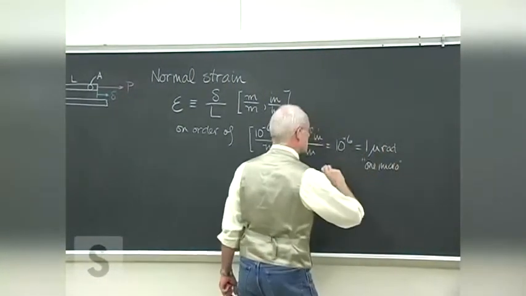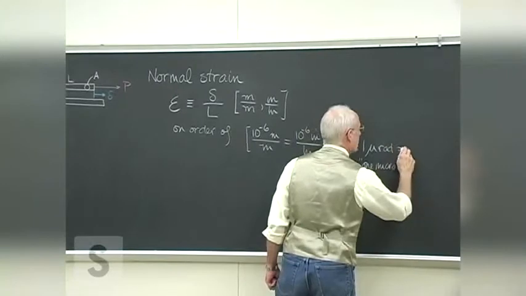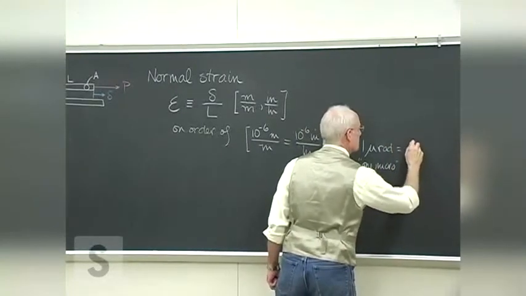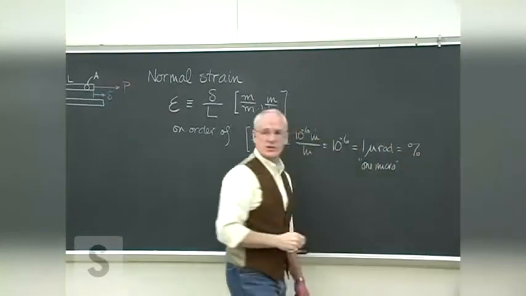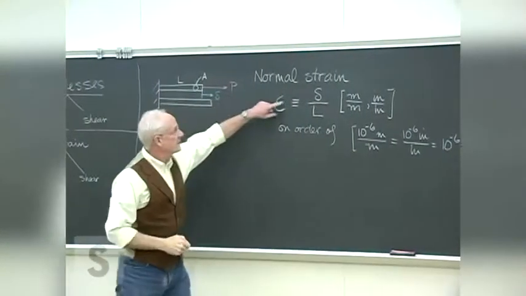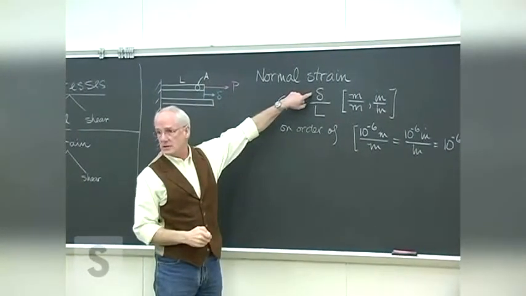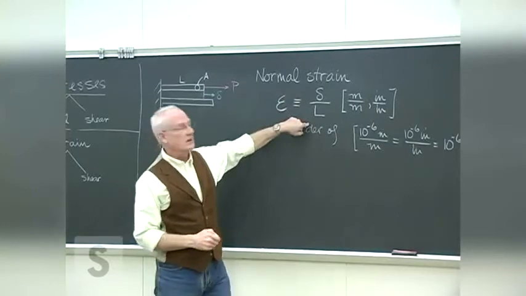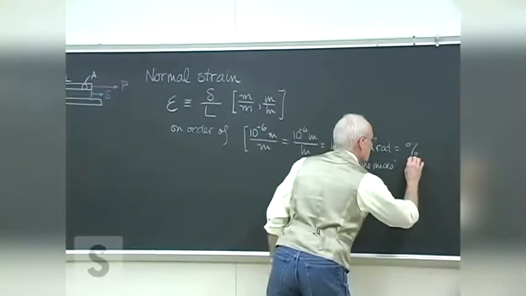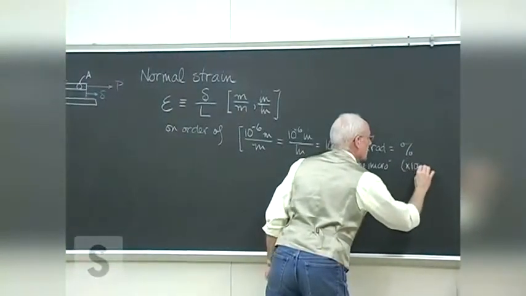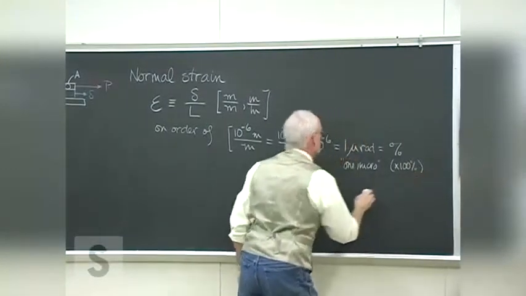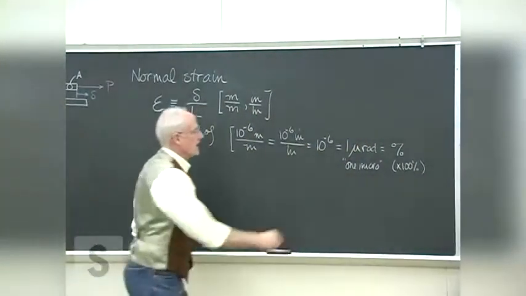It's also possible that you could list it as a percentage, where it's the percent of deformation to original length. So in there you'd have to, of course, multiply the calculated value by 100.